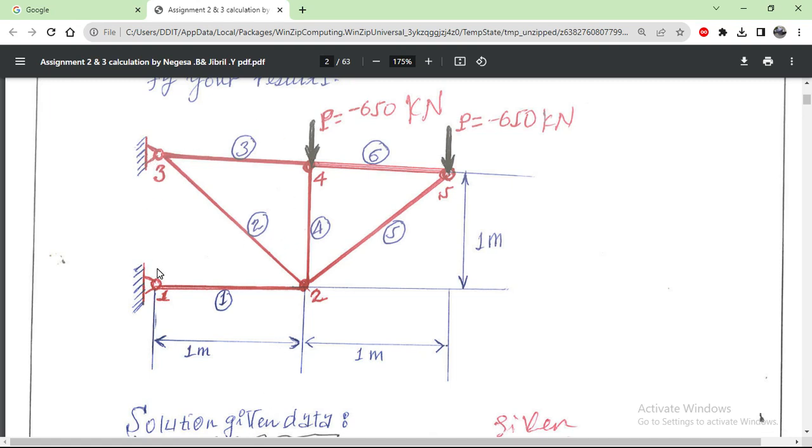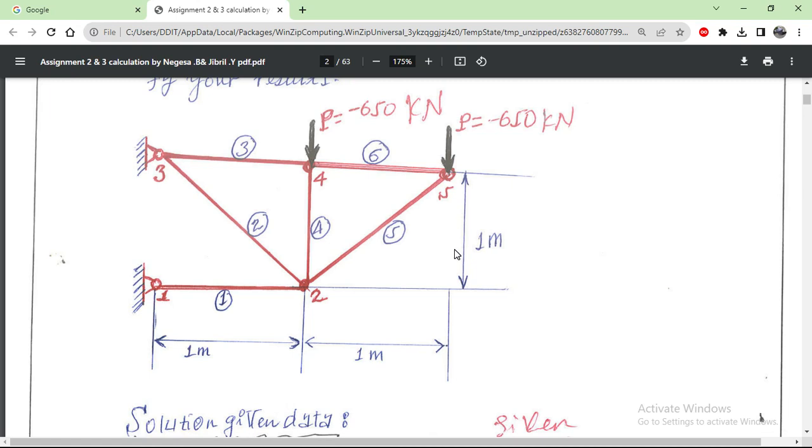At node number 1 and node number 3, the trusses are fixed. Then at node number 4, the applied load is downward. Negative shows us the direction of the applied load, 650 kilonewtons. At node number 5, the given load is also 650 kilonewtons.